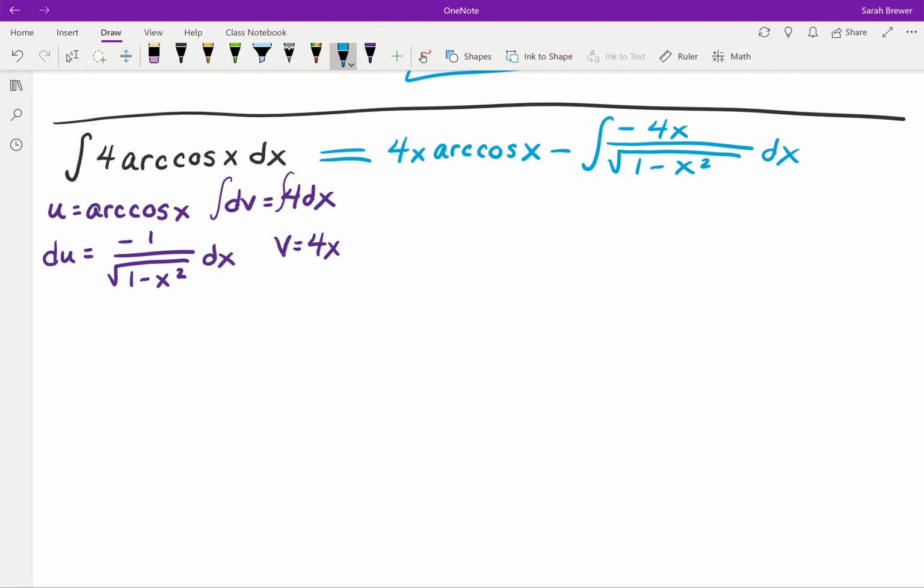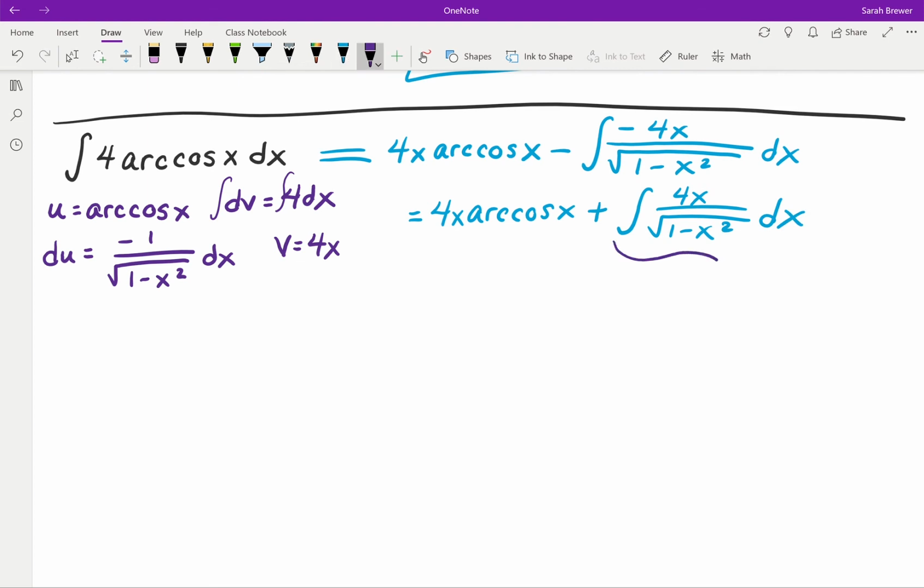And I just always want to be really careful when I'm doing integration by parts that I don't mess up my negative signs, because that's a really, really common mistake. And so before I even try to mess with this integral anymore, I want to simplify those negatives. So I'm going to write this as 4x arc cosine x plus the integral of 4x over the square root of 1 minus x squared dx.